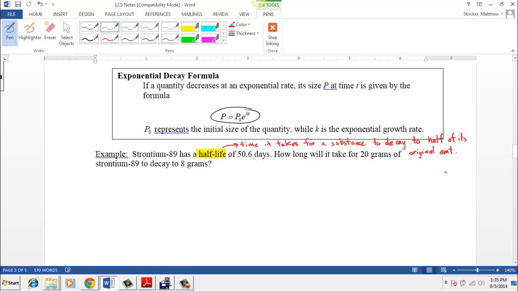It's how long it takes for whatever it was, however much there was initially, to become half of what it initially was.